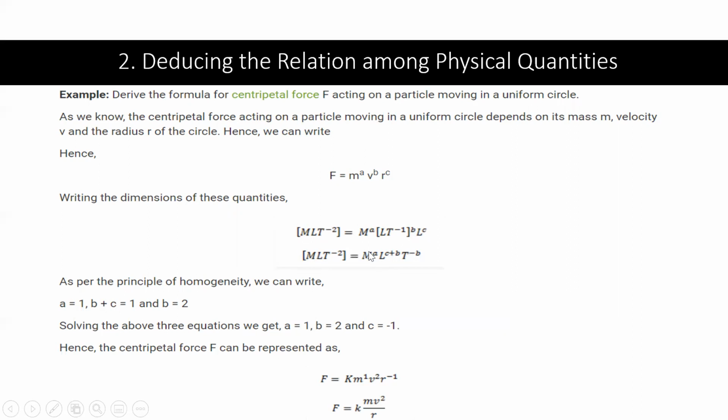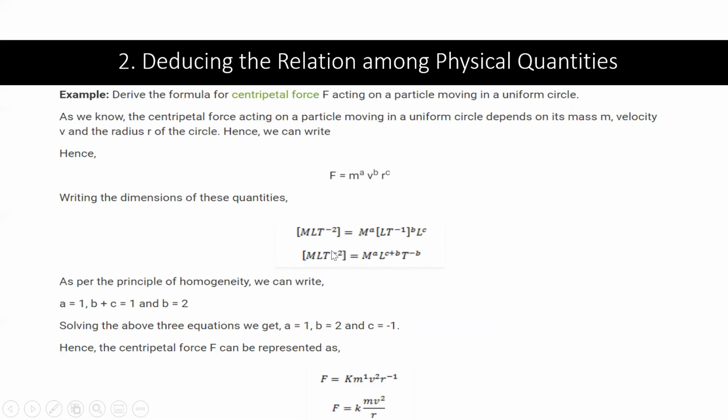Next step is we have to compare the powers of each of these, m, L, and t. So power of m here is 1. Here it is a. So you can write a is equal to 1. Then here power of L is 1. Here it is b plus c. So you can write b plus c is equal to 1.